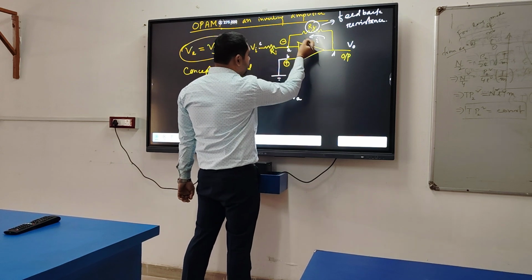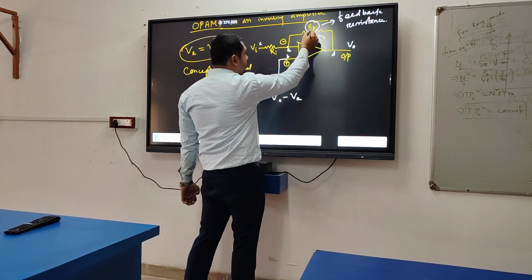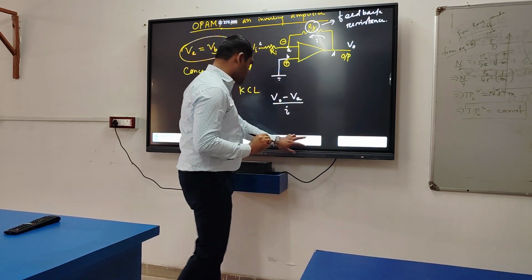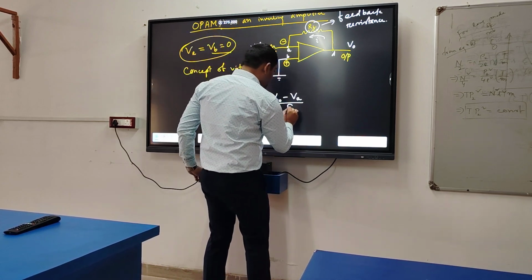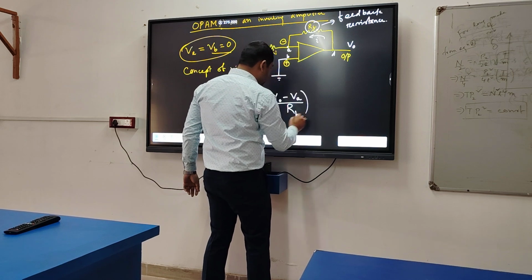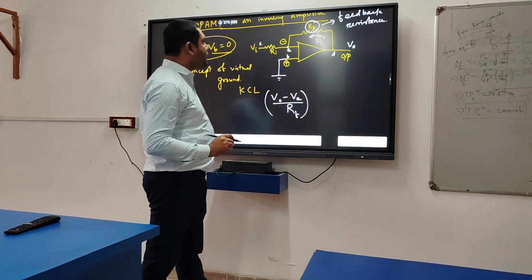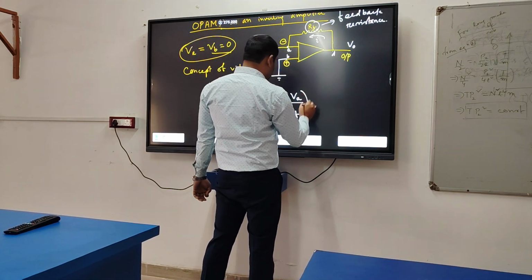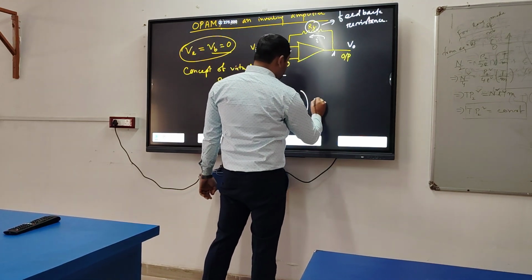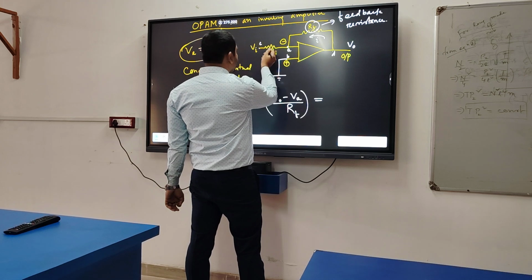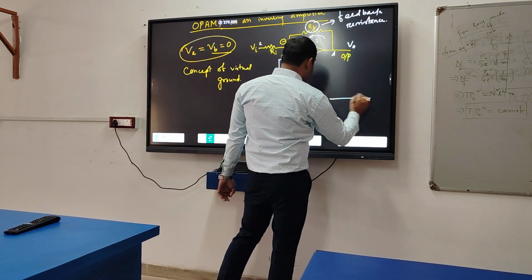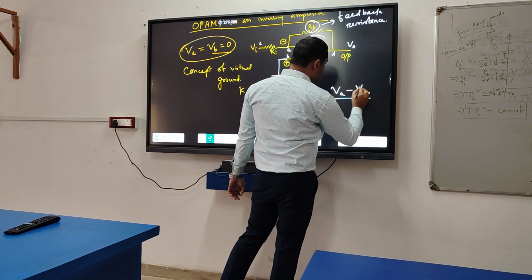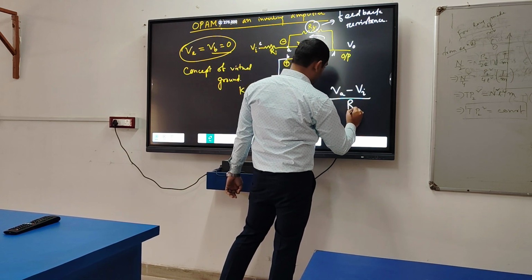The current through resistance RF must be equal to the current flowing through RI, which is VA minus VI divided by RI.